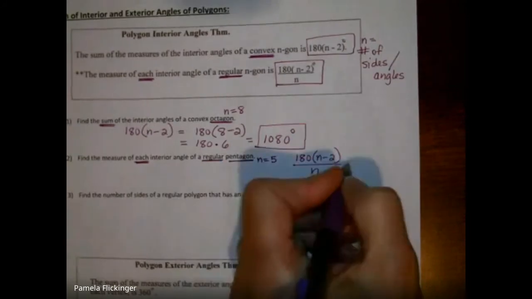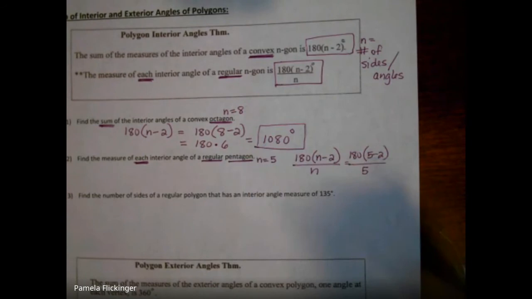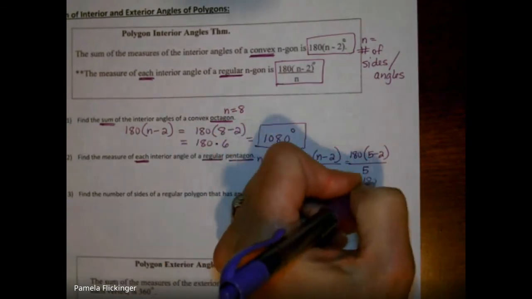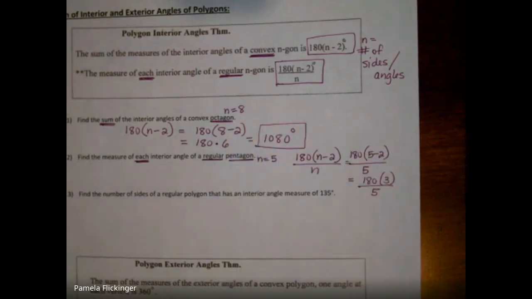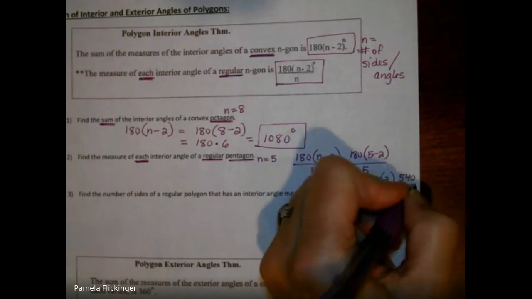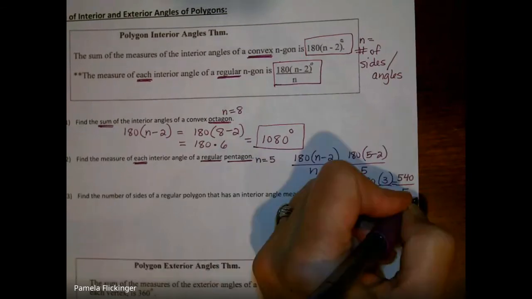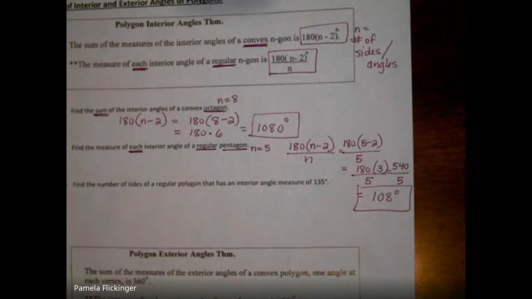So we've got 180 times 5 minus 2, divided by 5, which is 180 times 3 divided by 5. So we've got 540 divided by 5, which is going to give us 108 degrees.